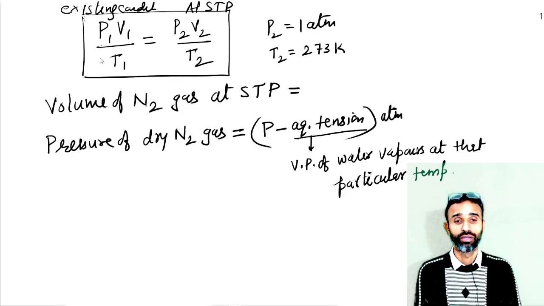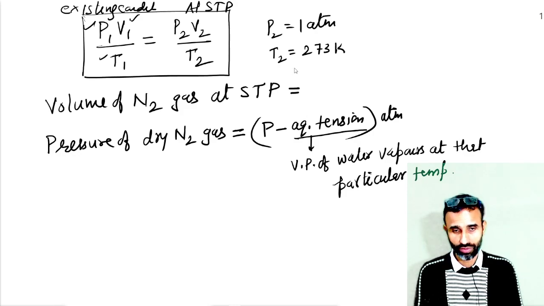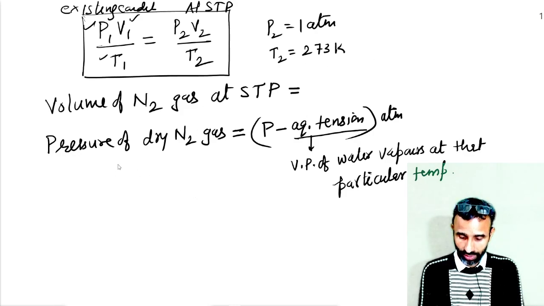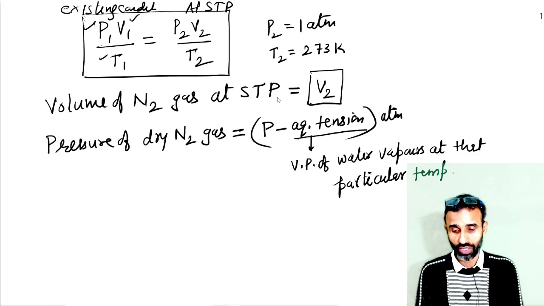Volume we have calculated from the downward movement of KOH, and in this way at the end we will get V2, which is the volume of nitrogen gas at STP. Let us say this is volume in ml.